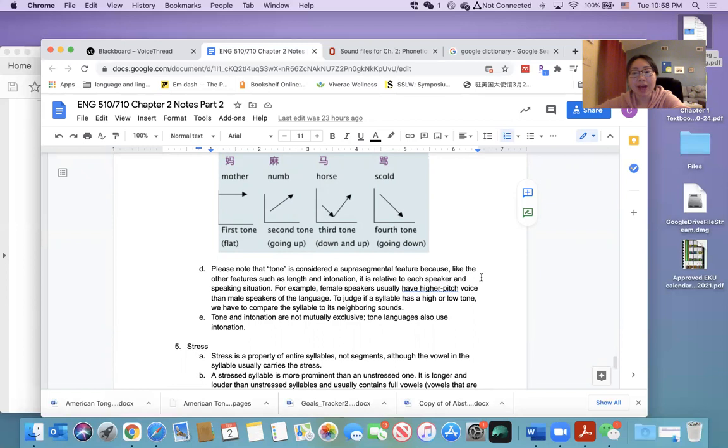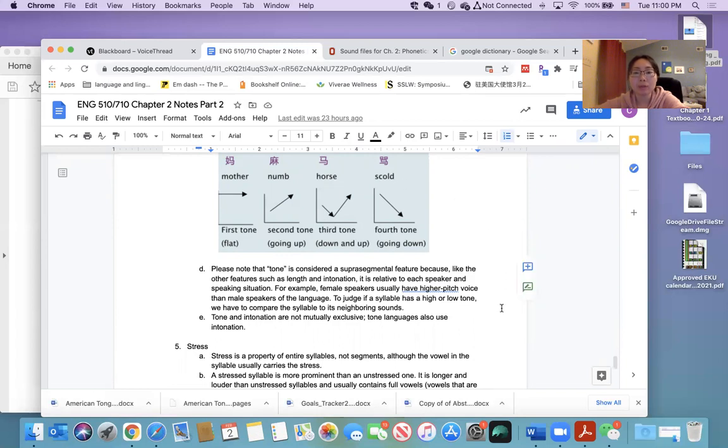And you have to consider the speaker as an influencing variable or factor.